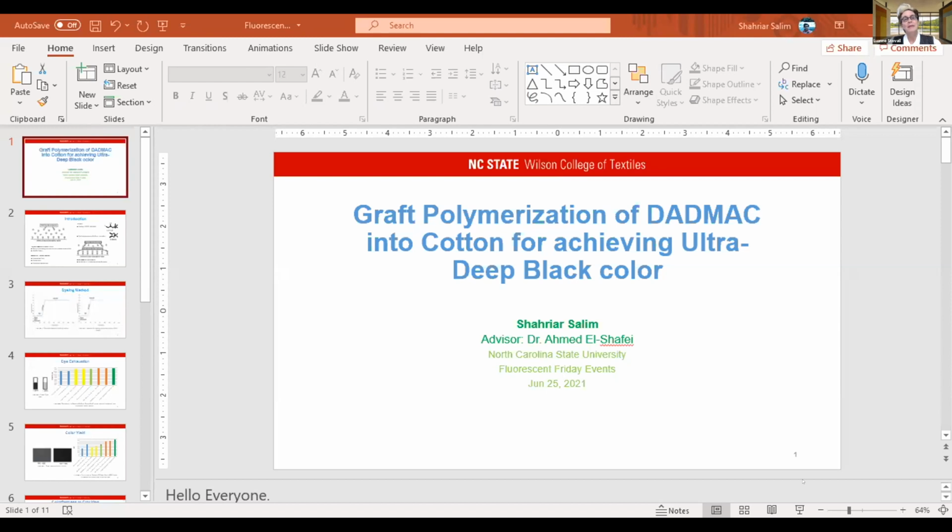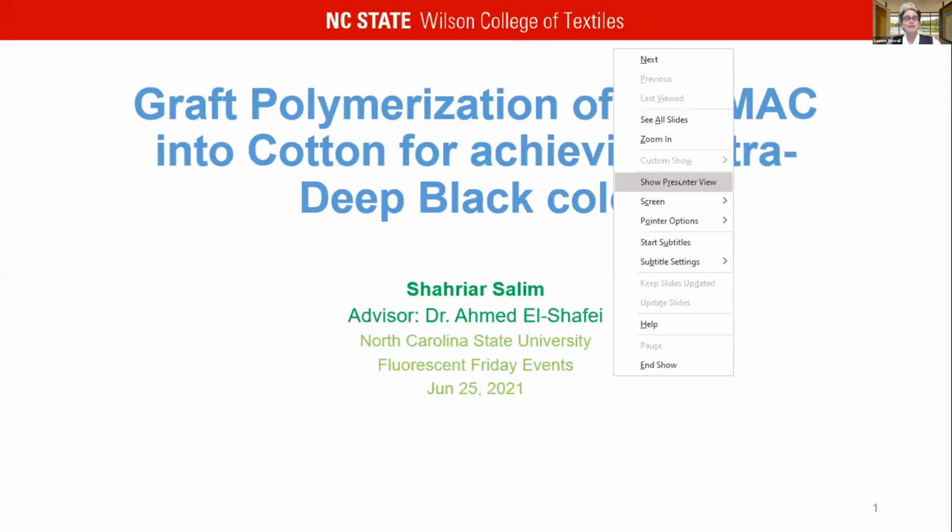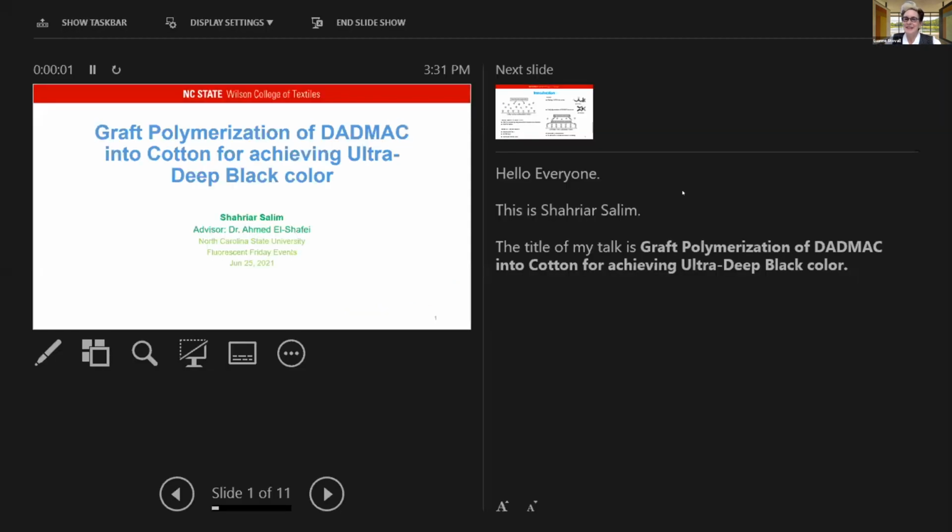Salim holds a MS in chemical engineering from the University of South Carolina. Today, he'll be sharing his research on graft polymerization of DADMAC into cotton for achieving ultra deep black color. There's a lot to learn here, and we're looking forward to your presentation. Let's welcome Salim, and the screen is yours.